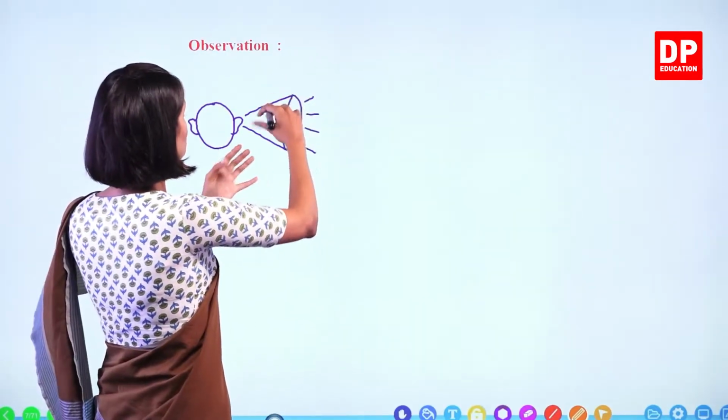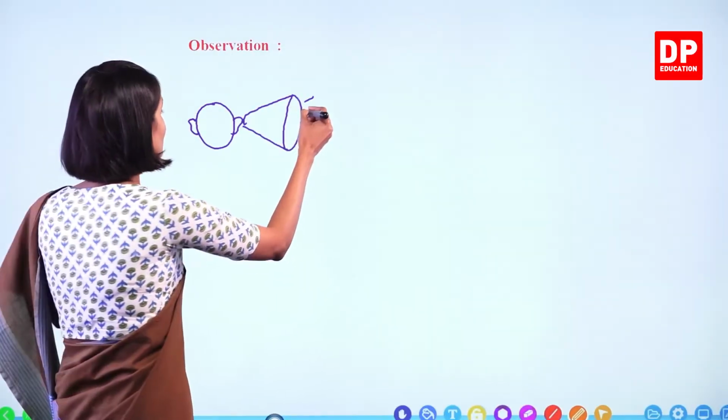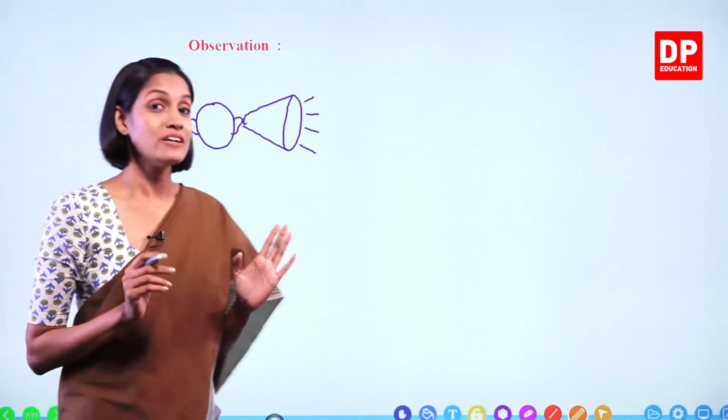In the upper grades, you all are going to learn sound goes from one place to another place as a sound wave. Okay? So this cone-shaped structure can collect more and more sound waves and direct them to your ear. Right? So your ear gets more sound waves. That is why you can hear much better than before.